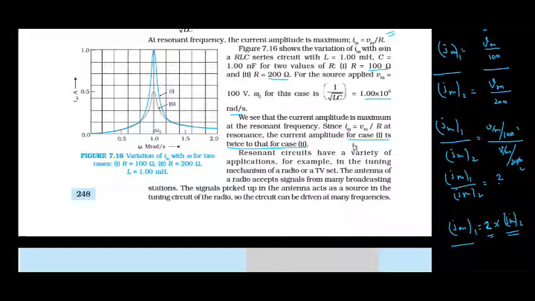So this is the derivation behind the hidden meaning of this line.